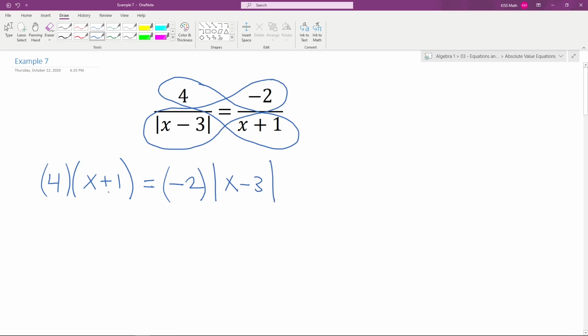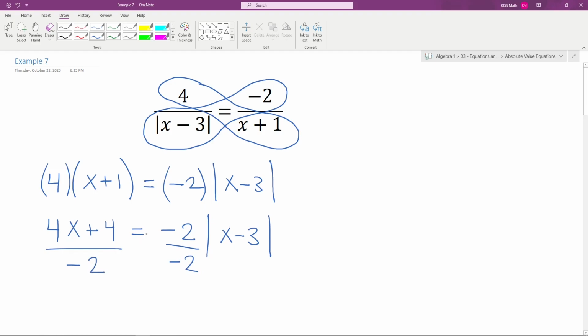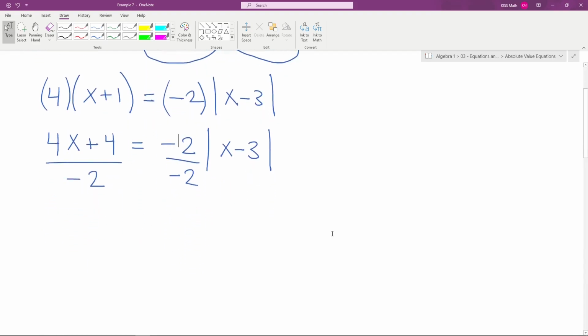Now we just need to simplify. Let's distribute the 4. 4x plus 4 equals negative 2 times the absolute value of x minus 3. And now all we need to do to isolate this absolute value is divide both sides by this negative 2. And I want to clean this up a little bit.